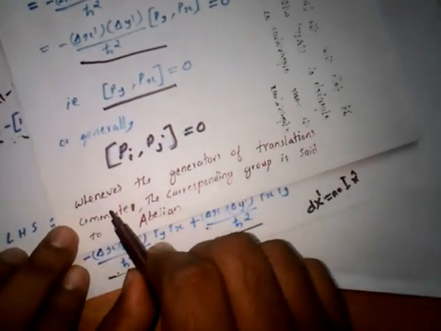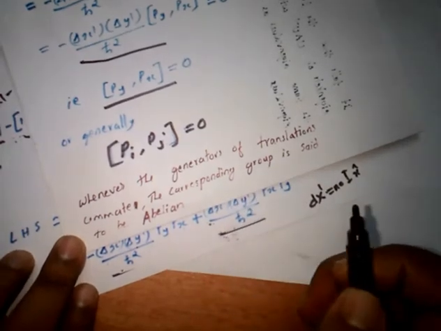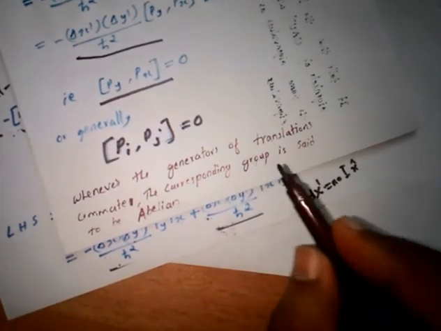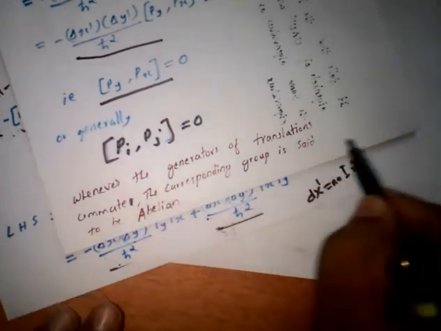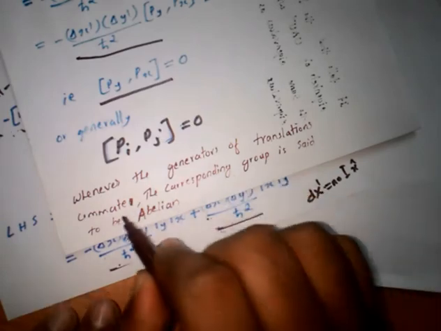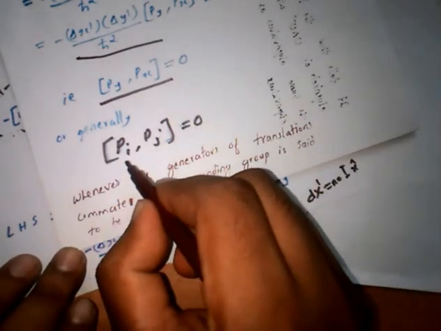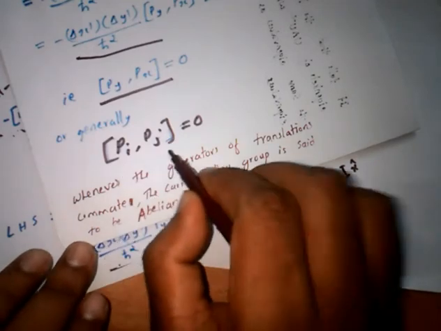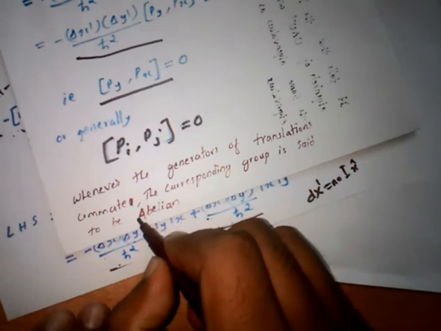That means whenever the generators of translation commute, the corresponding group is said to be abelian. Here they commute, and whenever the generators of translations commute, the corresponding group is said to be abelian. So the momentum translation operators in 3 dimensions commute, so we can say that this group is abelian.